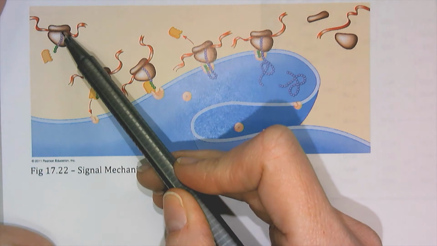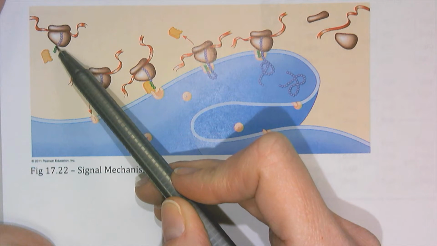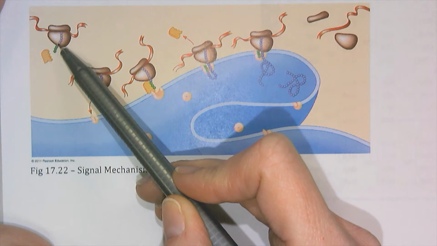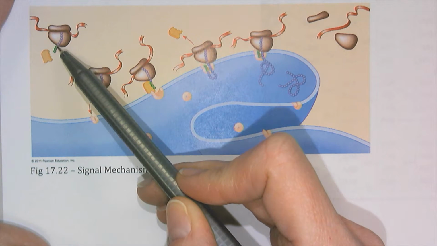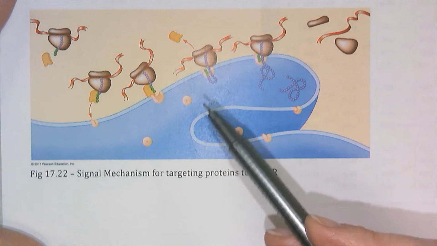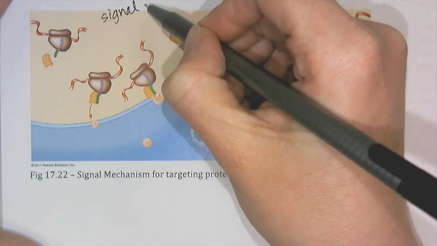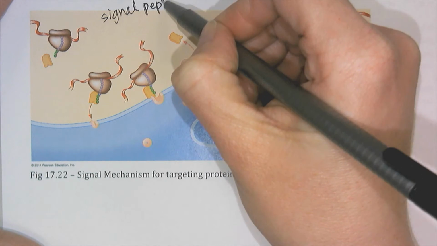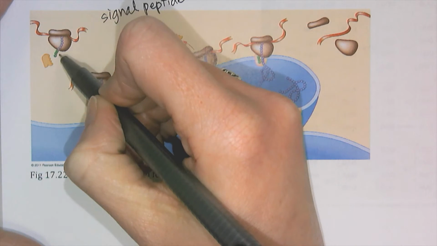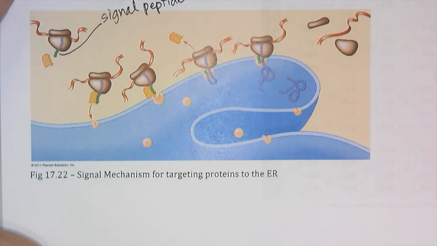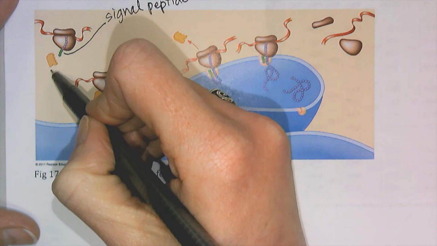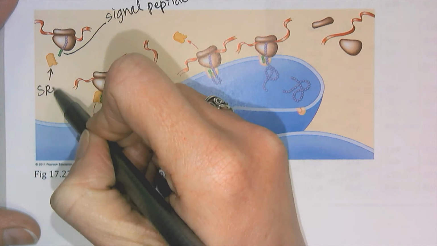This protein that's being made here, this polypeptide, the first 3 or 4 little amino acids here are serving as a signal. That's called a signal peptide. The signal peptide is going to tell the ribosome where it should go. So this small little signal will bind to this molecule here called a signal recognition particle.